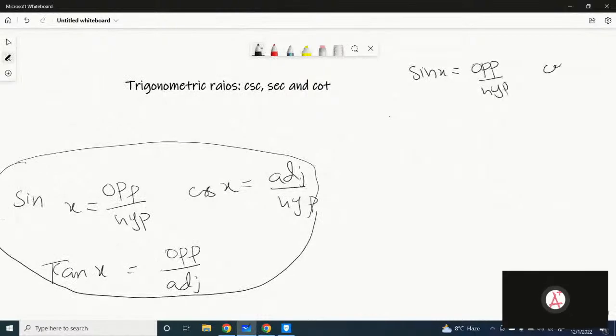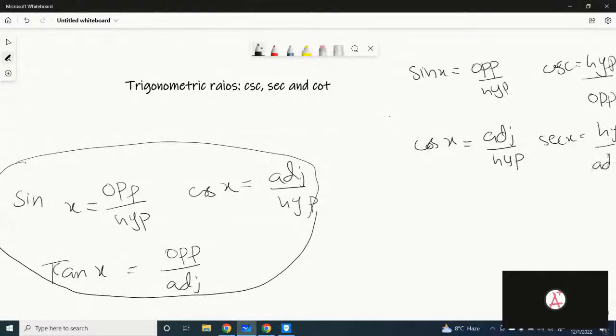That means cosecant is hypotenuse divided by the opposite. Got it? Cos of any angle is adjacent divided by the hypotenuse, and secant would be hypotenuse divided by the adjacent.